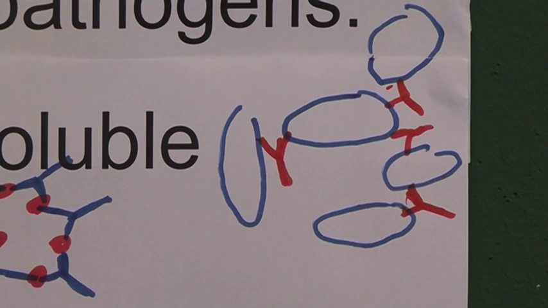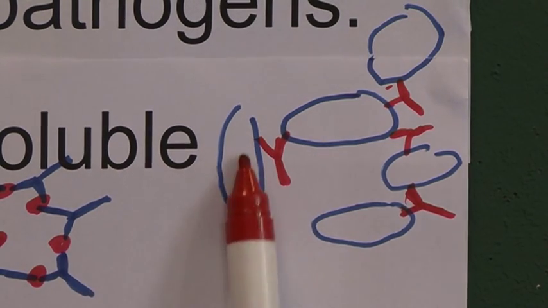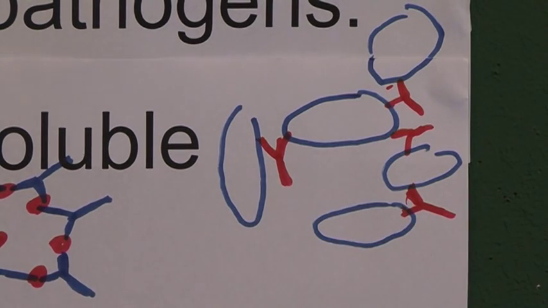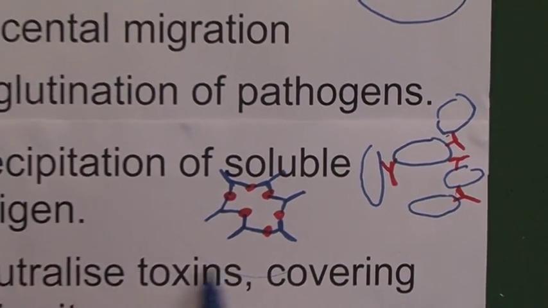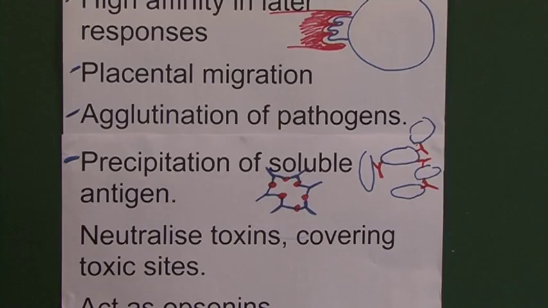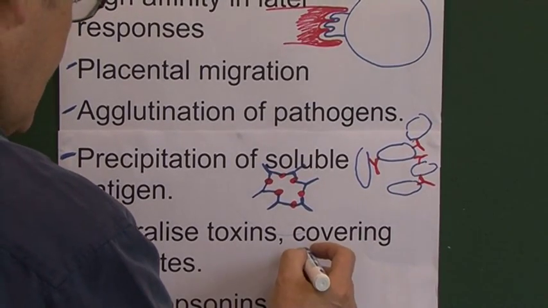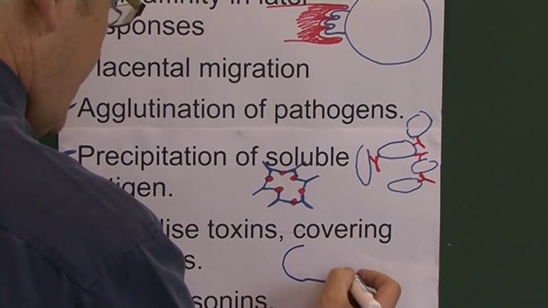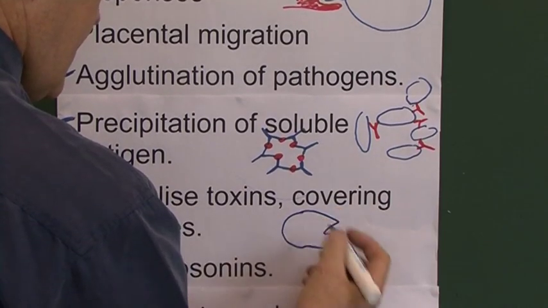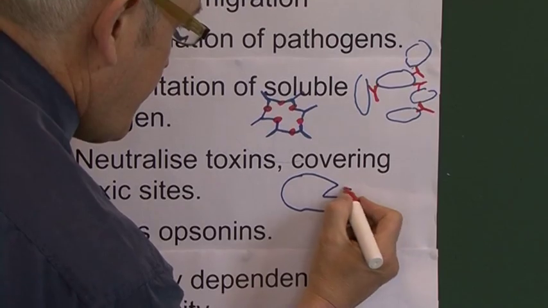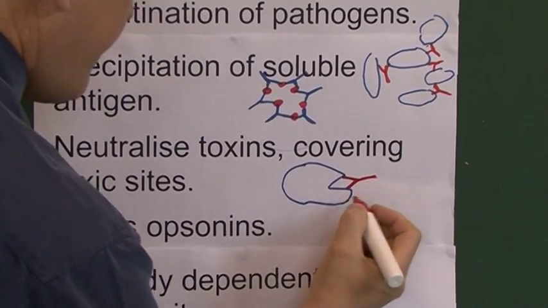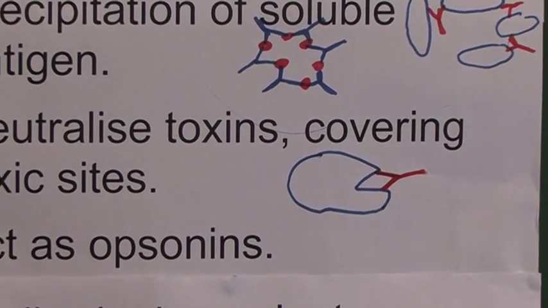An immune complex is a load of antigens clumped together by antibodies. And antibodies can also neutralise toxins by covering toxic sites. So we might have an antigen here, and there might be a toxic site on its surface like this that can damage body tissues. Well, the antibodies can cover that up, preventing it from being toxic.